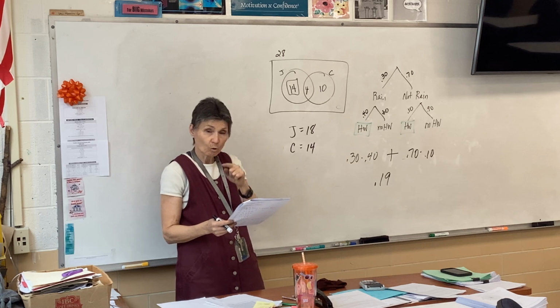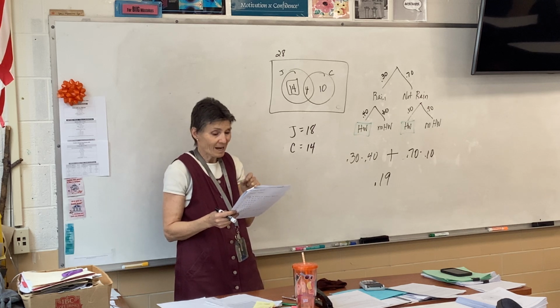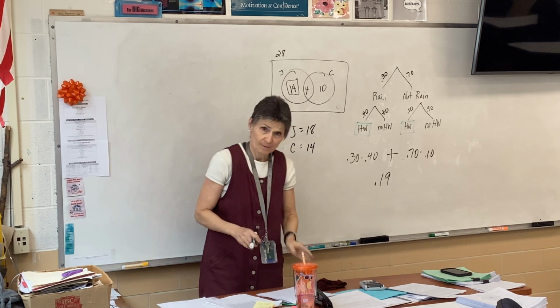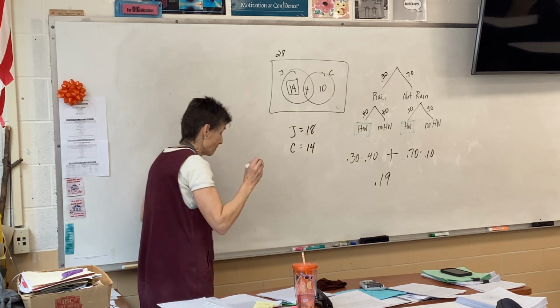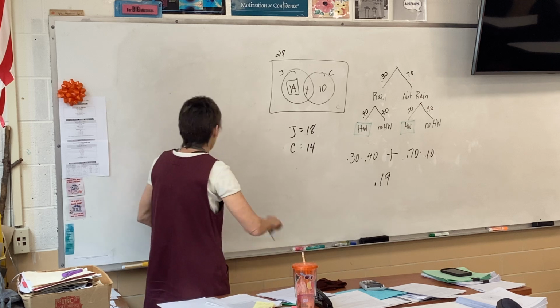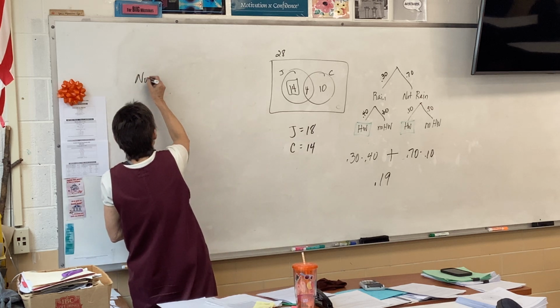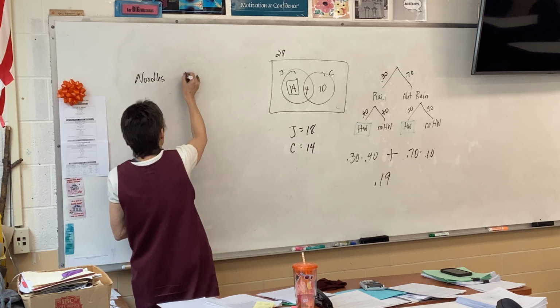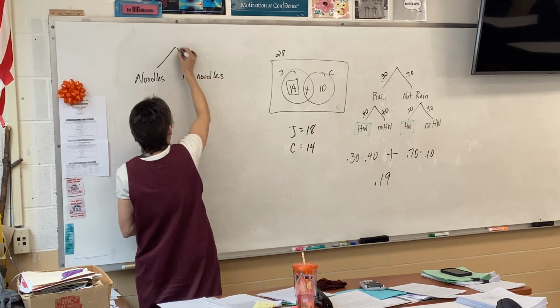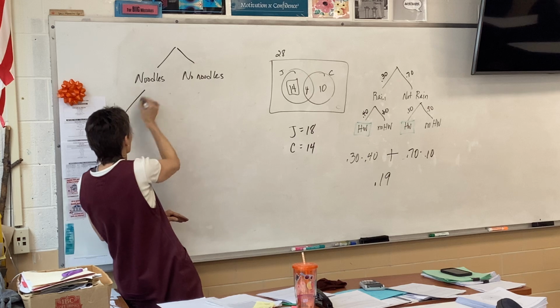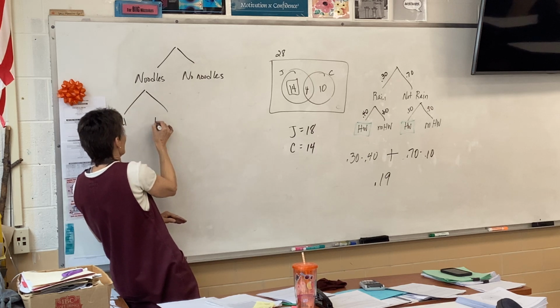All right, let's look at the question. Find the probability that they will serve salad. So that means salad is on the bottom. So I'm going to start with noodles and no noodles. That's the beginning. And then I'll either have salad or no salad.